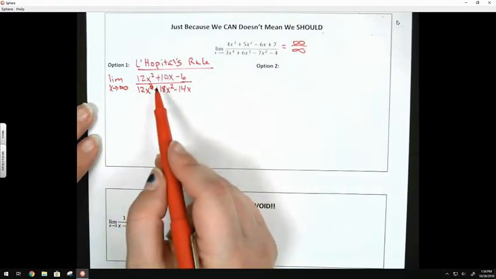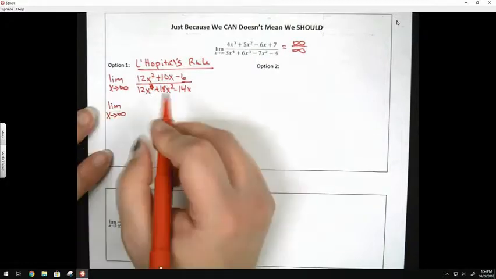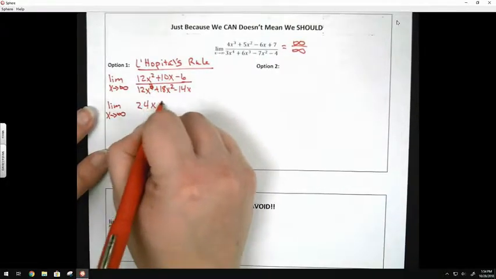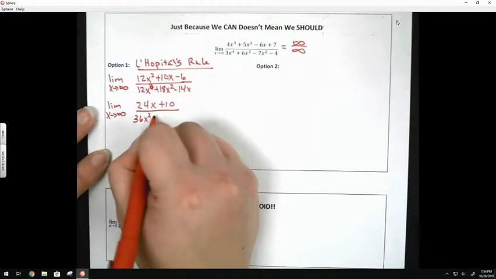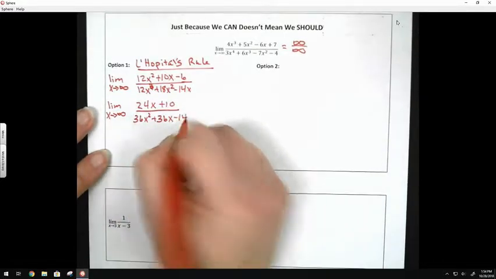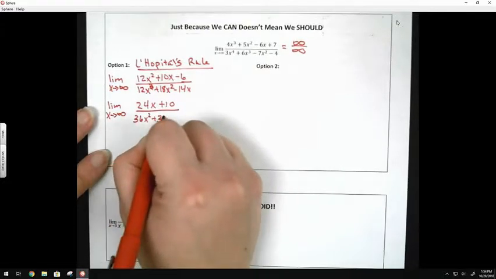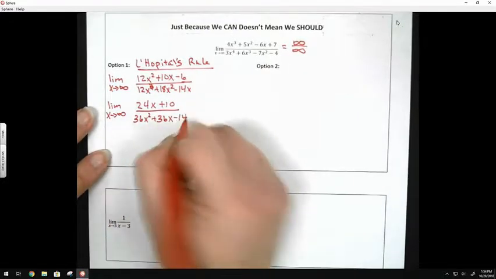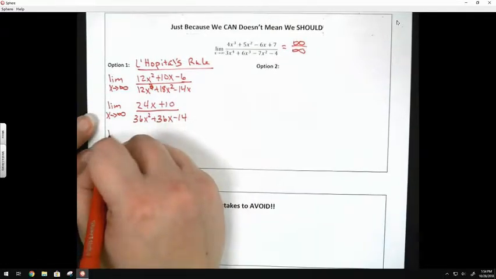And if I plug in infinity, it's still indeterminate form, so I have to do it again. The limit as x approaches infinity of 24x plus 10 over 36x squared plus 36x minus 14. And I'd still have infinity over infinity. So now I've got to do it again.